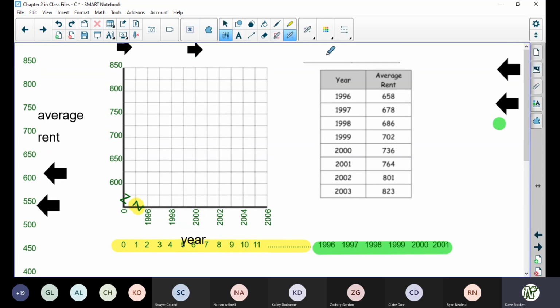And the reason is, do you see from 0, there's a huge jump to get to 1996, and then there's just small jumps after? And the same here, to go from 0, there's a big jump to 650, but then there's up by 20, up by 18, or just by 8, up by 18, like there's small jumps from there. That's why we break the axes right here, when there's a big jump at the start and then smaller jumps after.